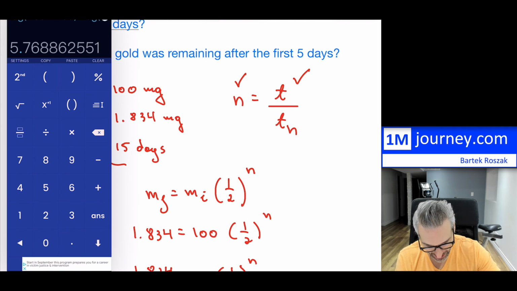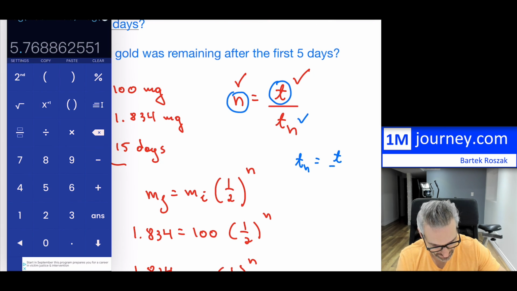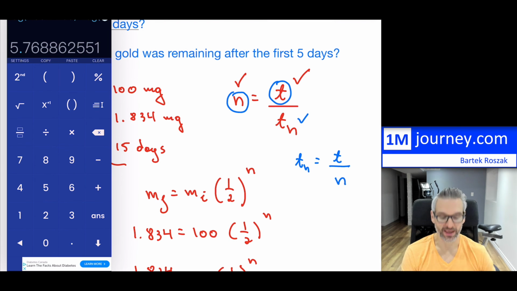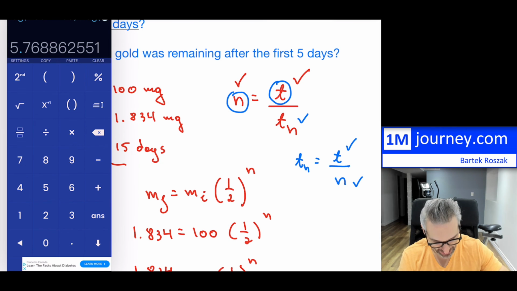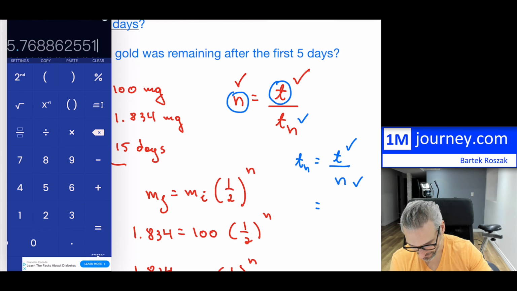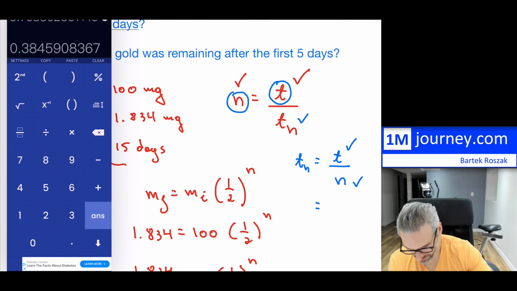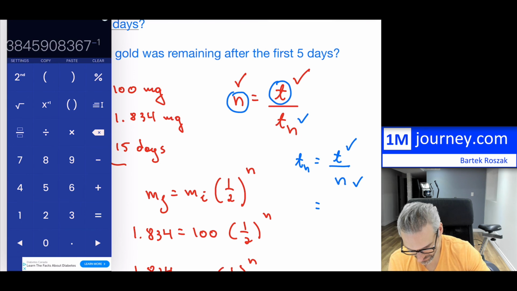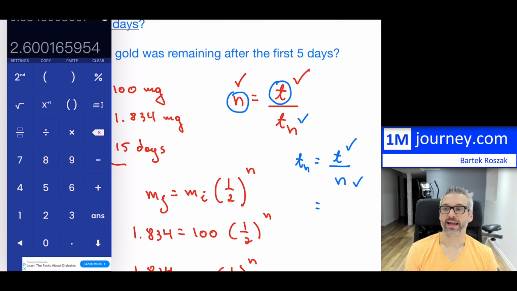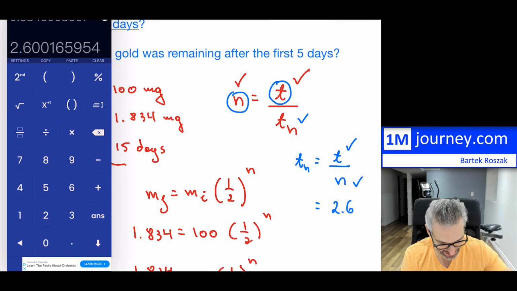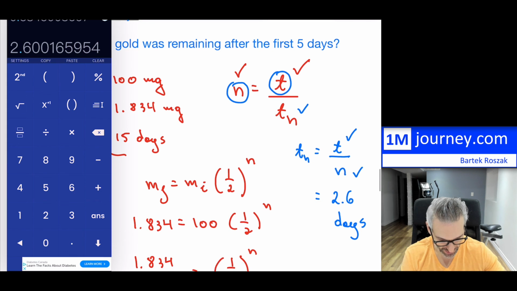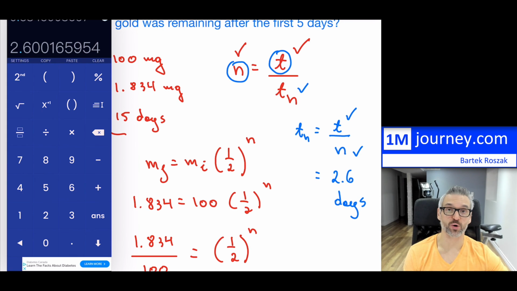Now, because I found this, which is on my calculator, and this is 15, if I want to find TH, well, TH is going to be equal to T divided by N. Now this is 15, and then I have my N on my calculator. Let's plug that in and see what it gives me. And there's your answer. So it's 2.6 days, because I was working with days, that's the half-life of gold.